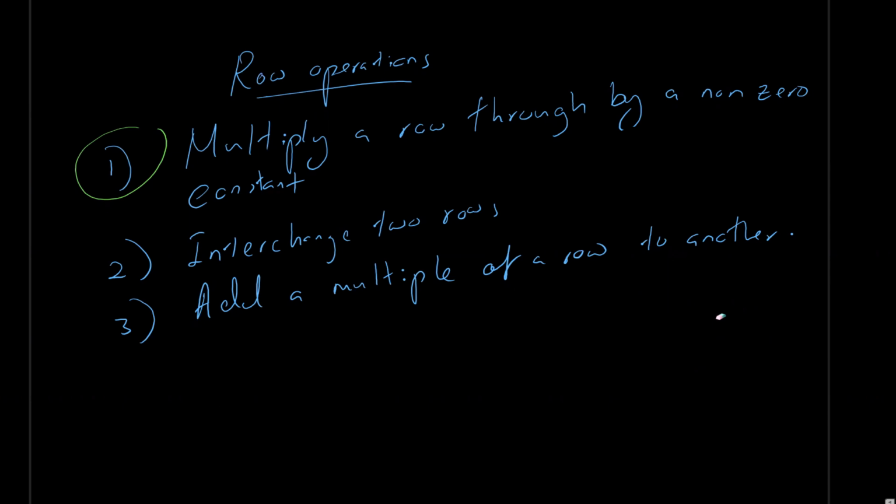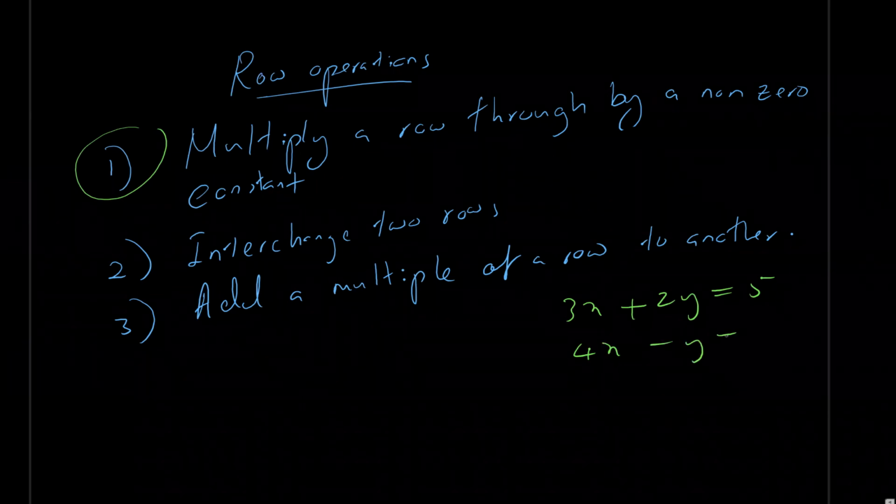And the last one is, let me go back. No, I think I erased it. So the last one is the technique, let me write this down again and explain. So 3x plus 2y was 5 and 4x minus y was 3.